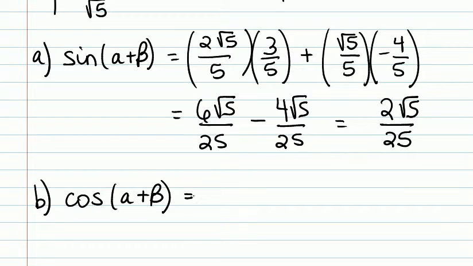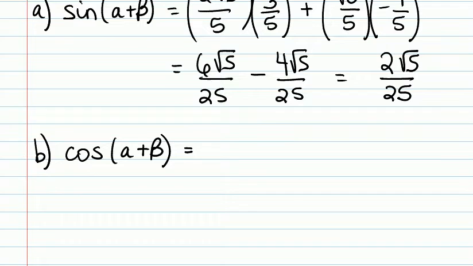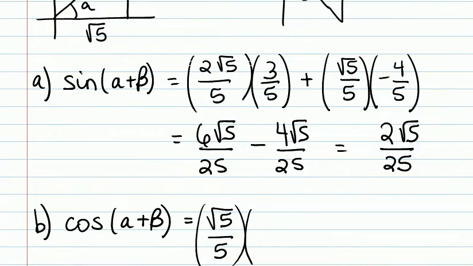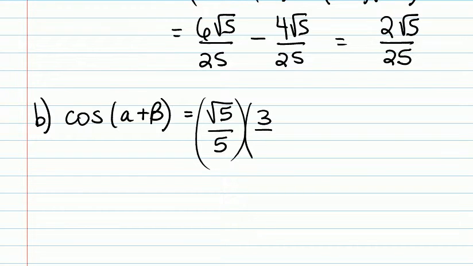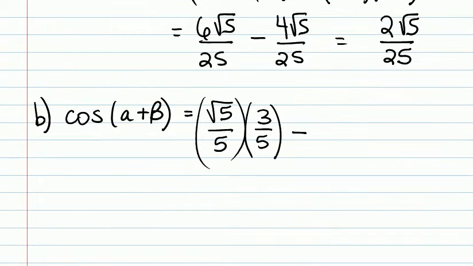So we need the cosine of A, which is root 5 over 5, times the cosine of B, 3/5, minus the sine of A, 2 root 5 over 5, times the sine of B, -4/5.